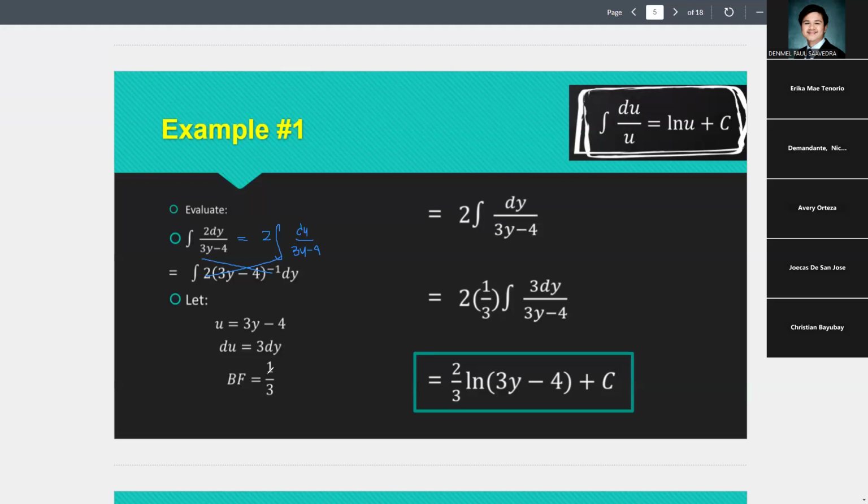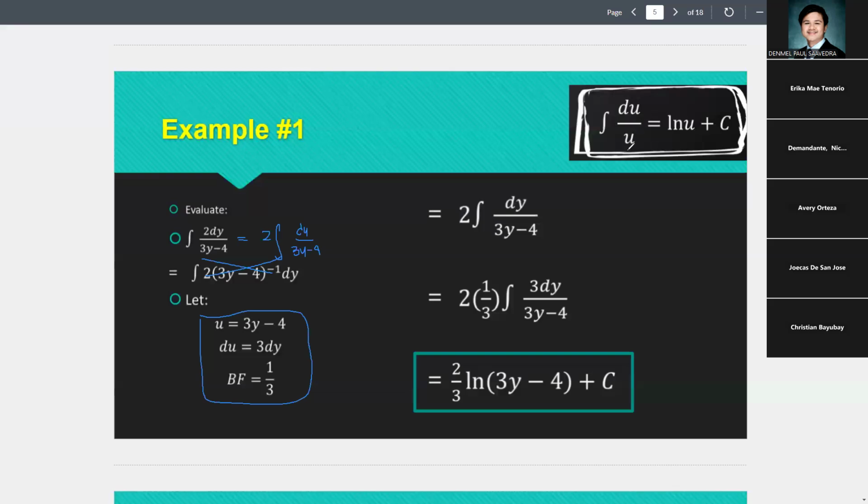We need to use a balancing factor, which is 1/3, to remove the excess 3. Now it's a working u du with the help of the balancing factor. We can now go back to our formula.